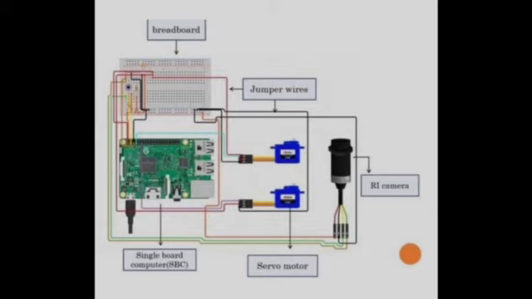Normally, this type of motor consists of a control circuit that provides feedback on the current position of the motor shaft. This feedback allows the servo motor to rotate. The servo consists of a suitable motor coupled with a sensor to provide feedback about the position. It's connected with the breadboard, SBC, and Pi camera.